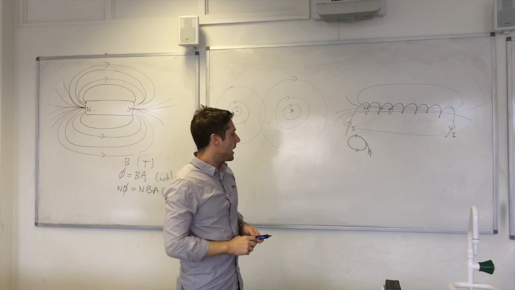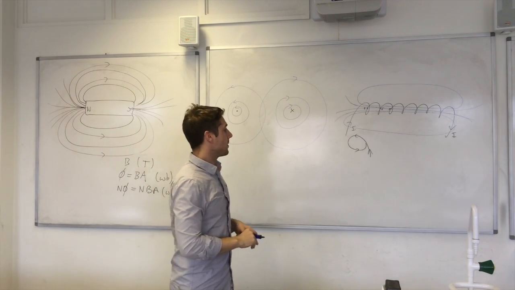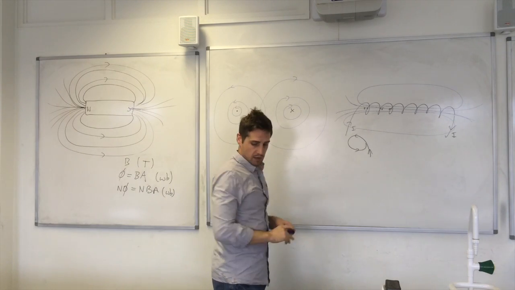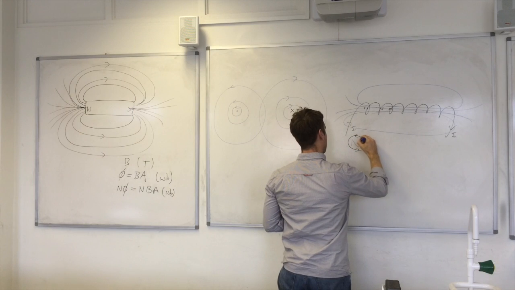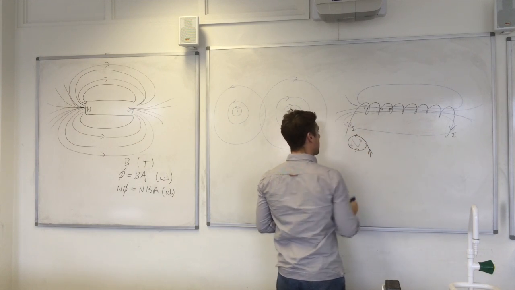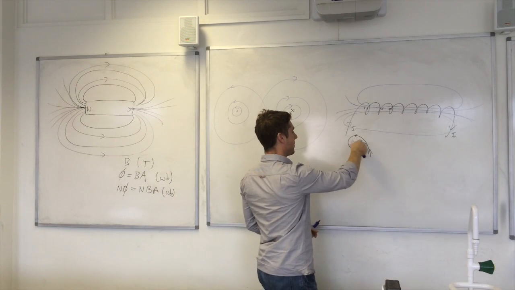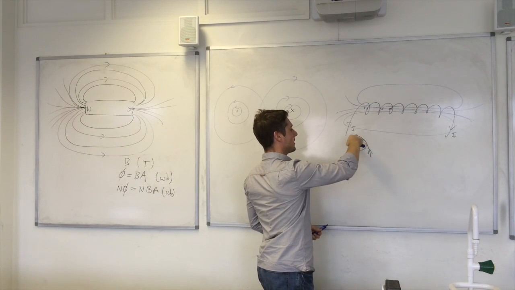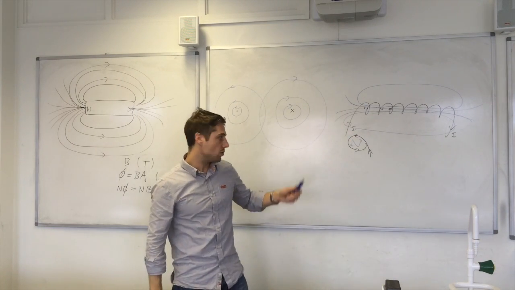Now, one end has to be north and one end has to be south. It turns out that if you were to draw an N in here and put arrows on the end of the letter N, then they match up. That anti-clockwise rotation matches up with the anti-clockwise rotation of the coil.